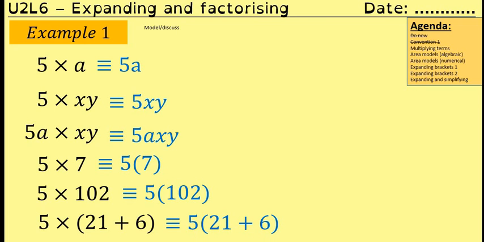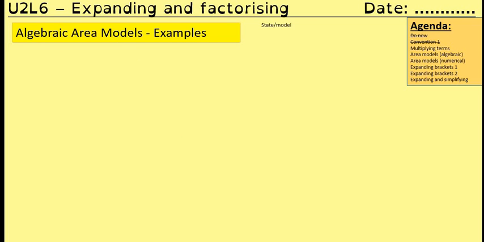So again, I can just take out my multiplication symbol and put my number right next to the bracket, but I wouldn't just be writing 521 plus 6, for example. So if we have variables, like in the first 3 examples, we can just remove multiplication symbols. And if we're dealing with numbers, we need to actually use brackets to show that 2 things are being multiplied together. So we're going to take this a little bit further now and look at some algebraic area models. And you should also copy these into your book.